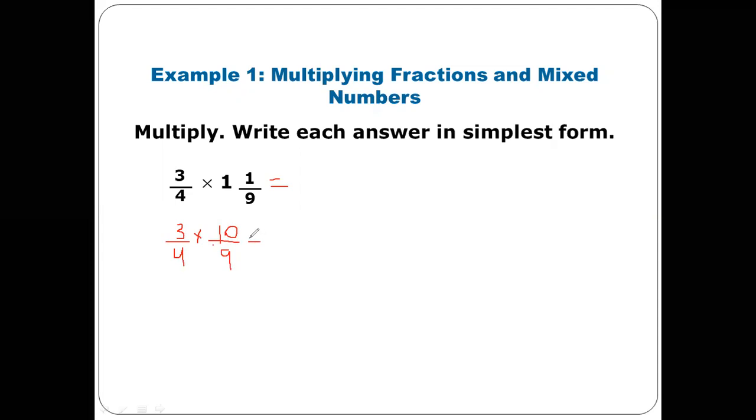Multiplying fractions is very easy. I can multiply the numerator by the numerator and the denominator by the denominator. I will get 30 out of 36, and then I have to simplify the fraction. I divide by 6 to get 5 out of 6.